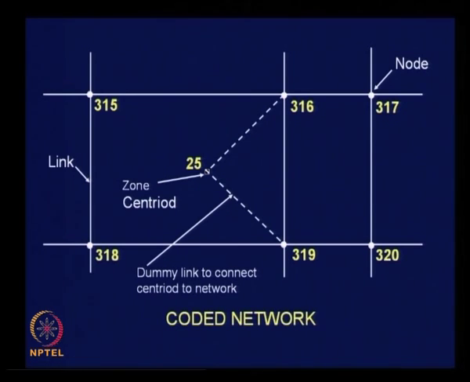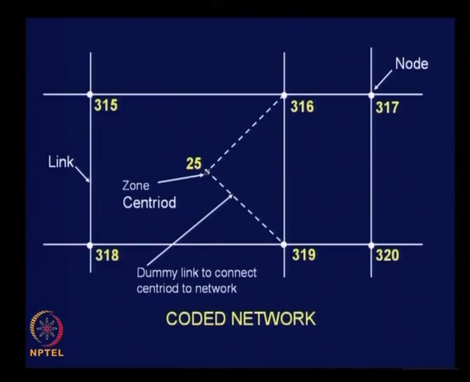And in this particular case you can assume that entry into this network is not possible for these people, and they have to get connected to the main network only through these two intersections.